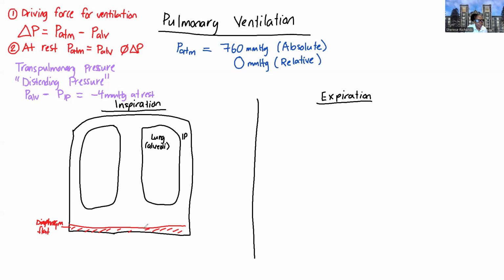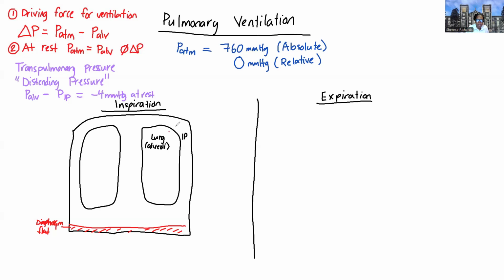So let's think about what's happening in terms of the pressure in our alveolar versus the pressure in the intrapleural space. During inspiration, we need to remember that the atmospheric pressure is 0, and the alveolar pressure is going to be more negative. In order to drive air in, the alveolar pressure must be lower than the atmospheric pressure in order for the direction of airflow to be inward.